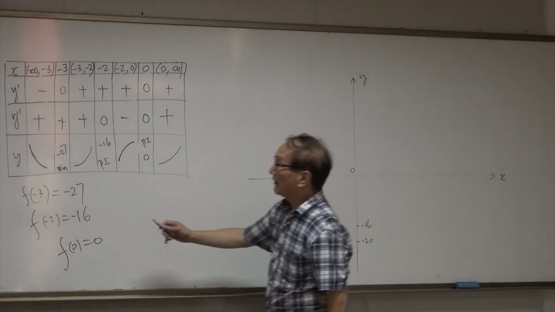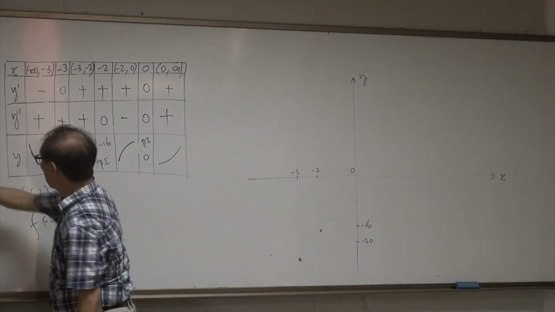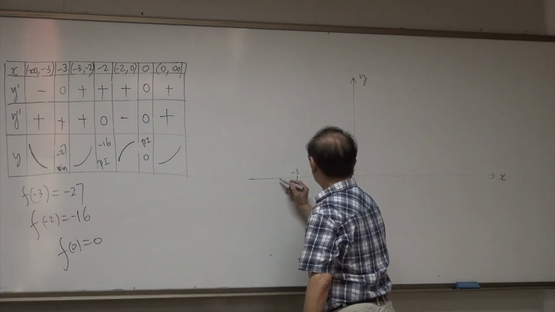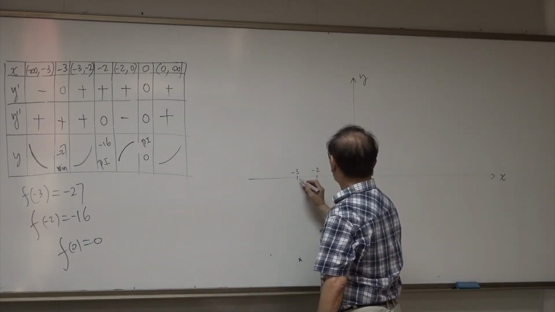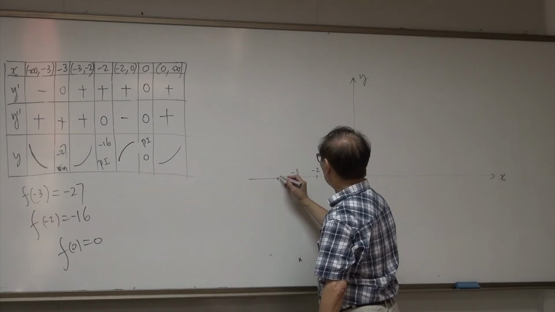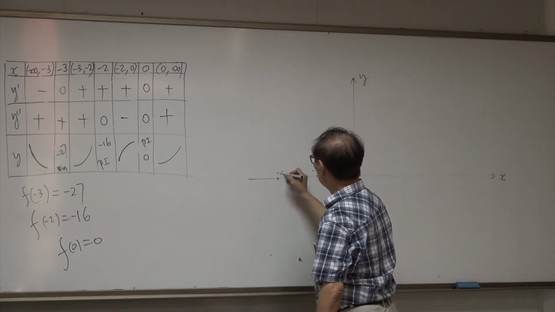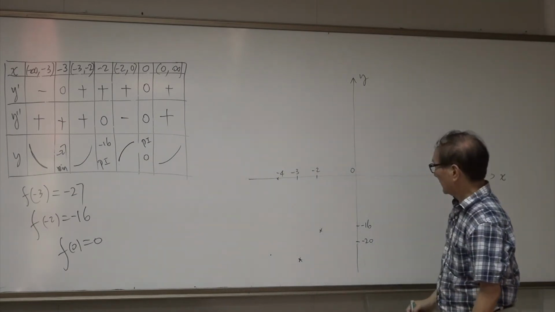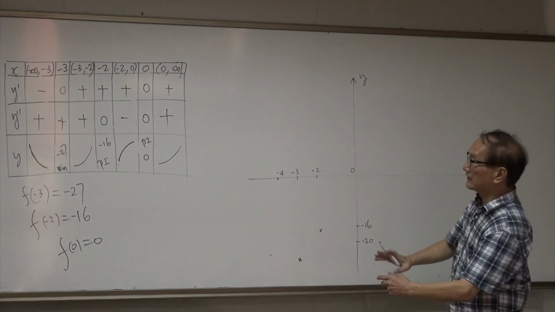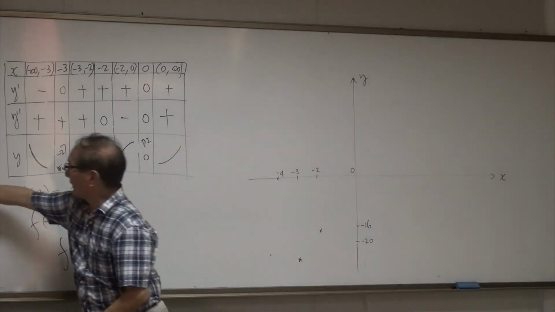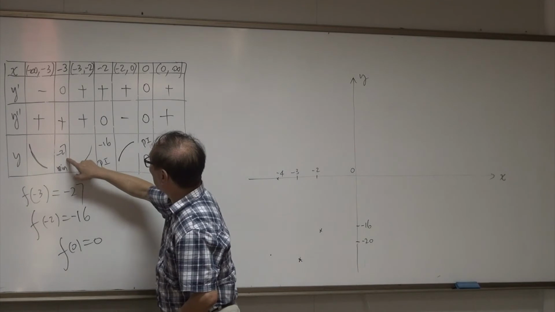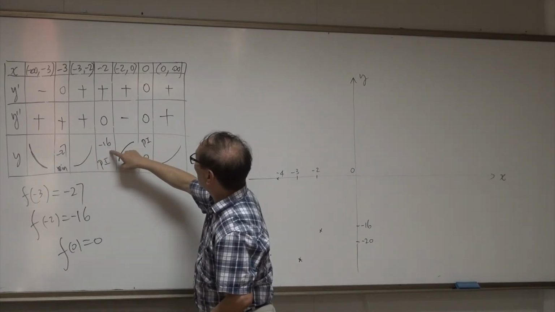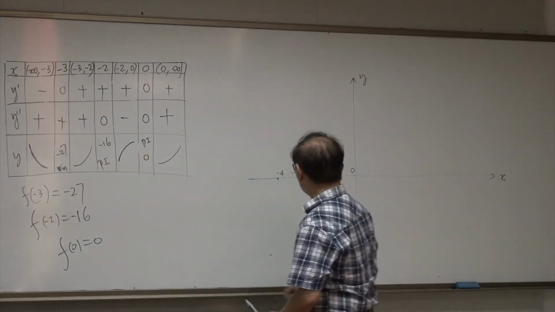And we have a point, the x intercept is minus 4. So minus 4 is here. 2, 3, 4. Minus 4 is here. Okay. So all the points are set. X intercepts, minimum, point of inflection, point of inflection.